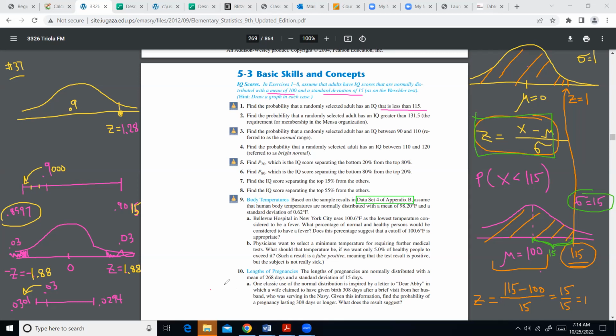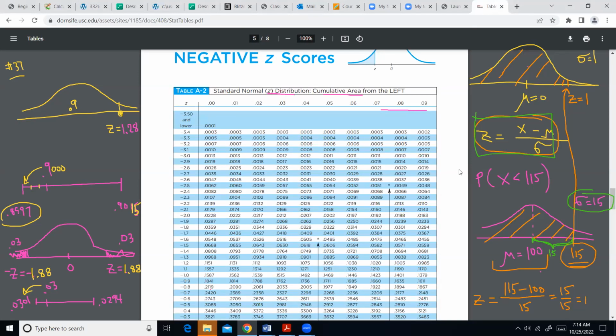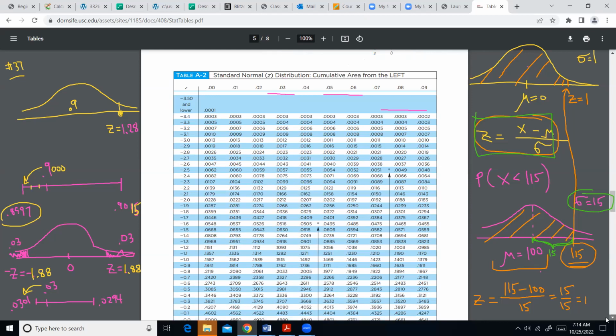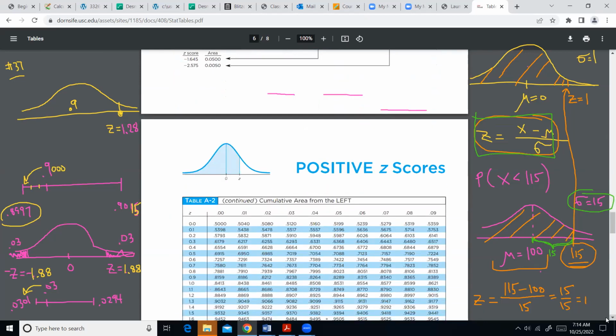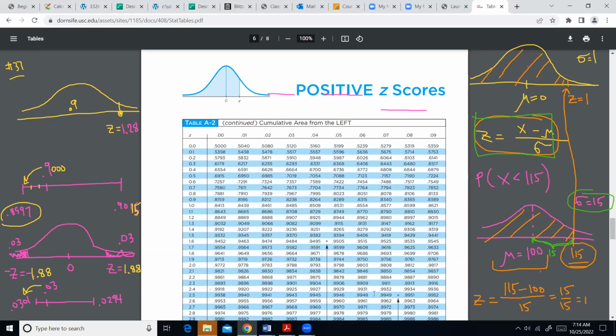And then, well, let's use the tables carefully. I need to find a z-score which is positive, so I need to scroll down where the positives are. I need 1.0, right? Because my z-score happens to be 1, or you can say it's 1.00. So for the row it will be 1.0, and for the column it will be 0.00.